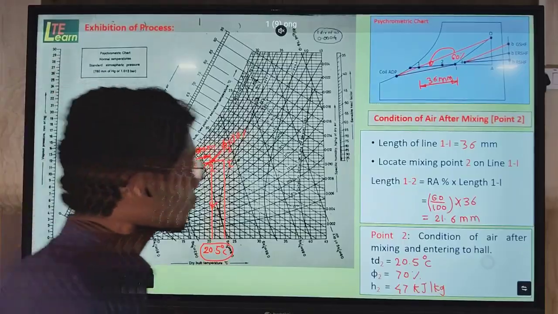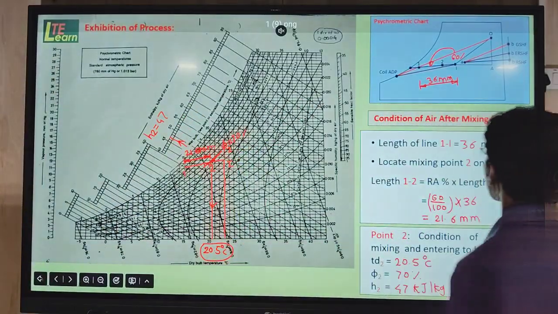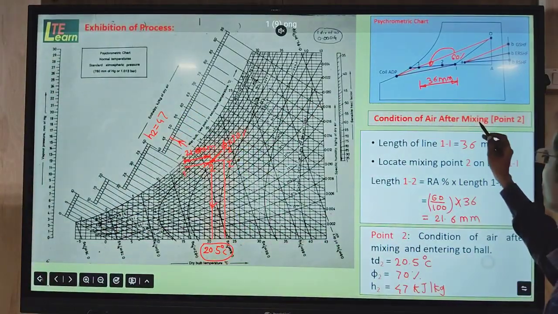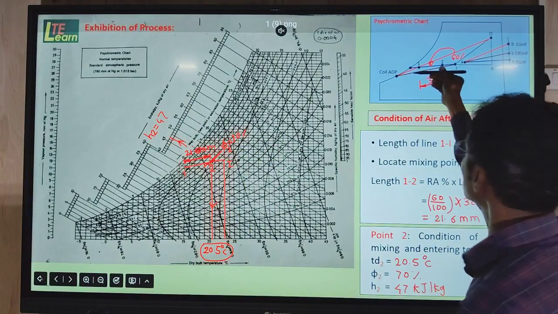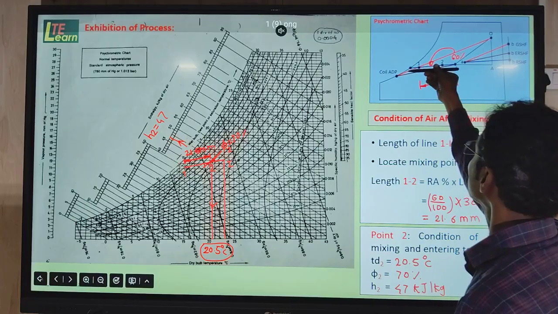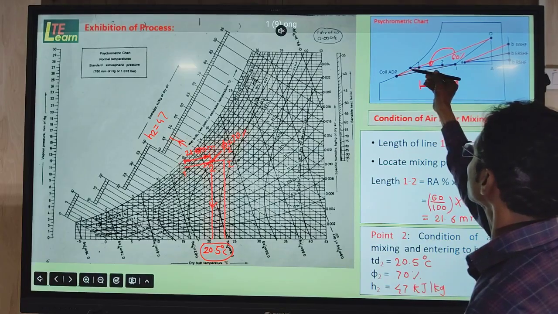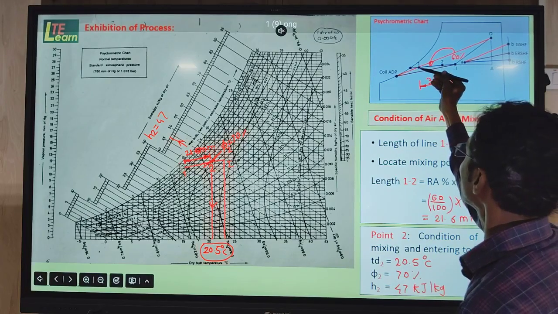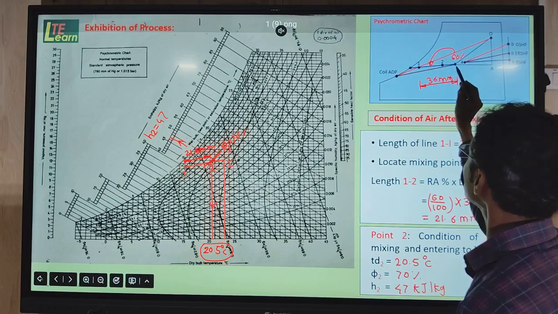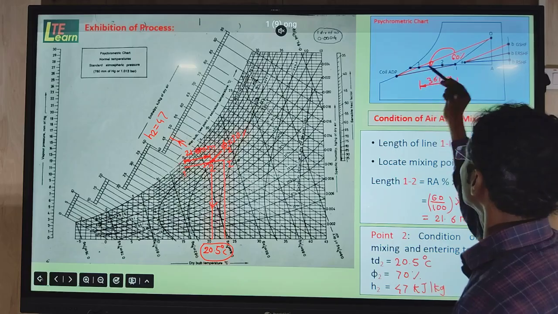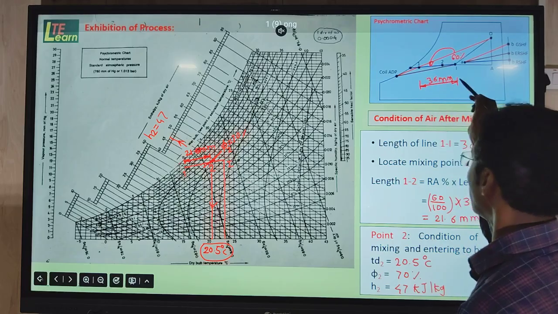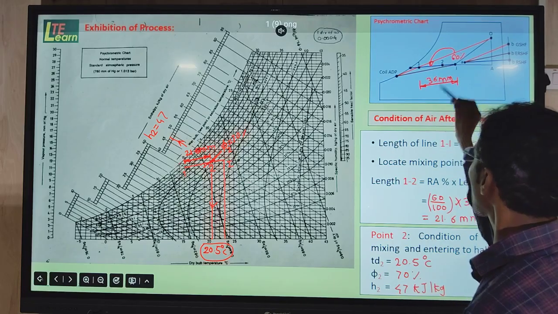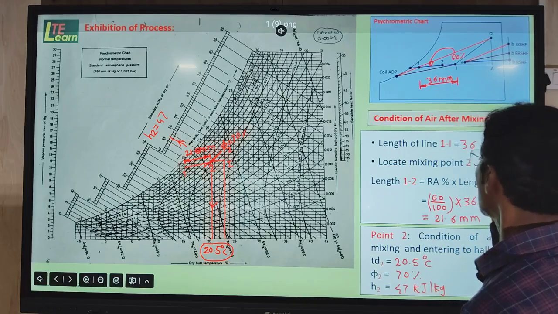Now the next step is to find point number 2, that is after the mixing chamber. To locate that, we use the line which we already drew, that is I to the saturation curve, where we obtained point number 1. Now we take the reference length of this I to 1 and measure it, writing it in mm. This is the length of I1 or 1I in mm.